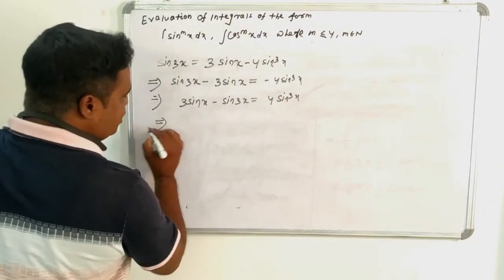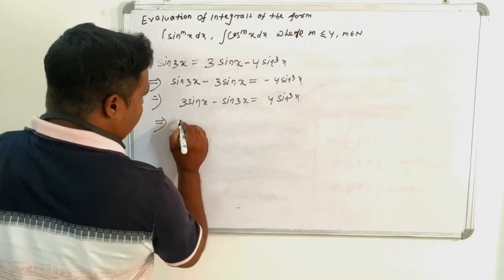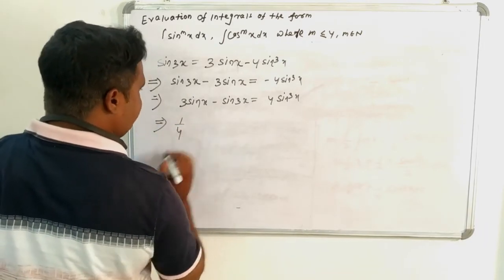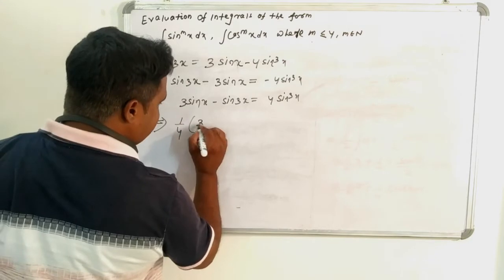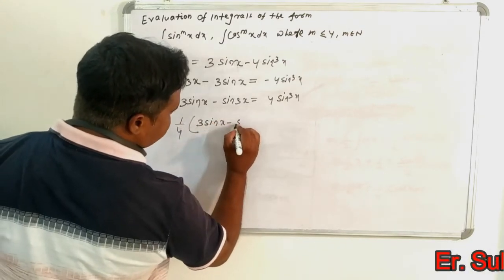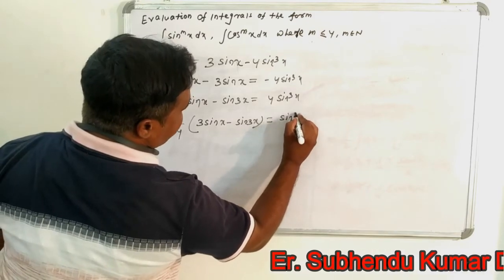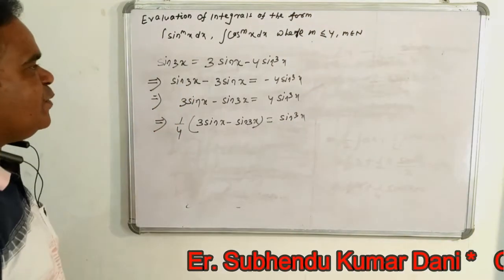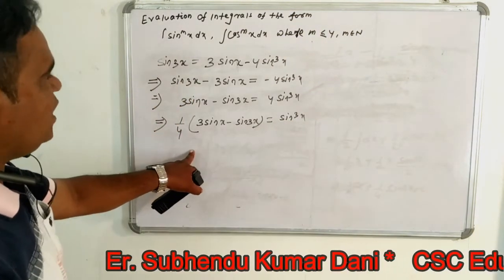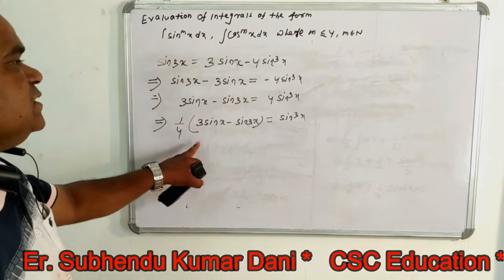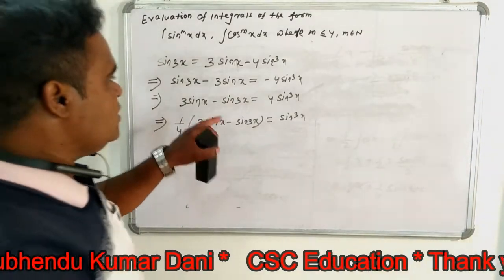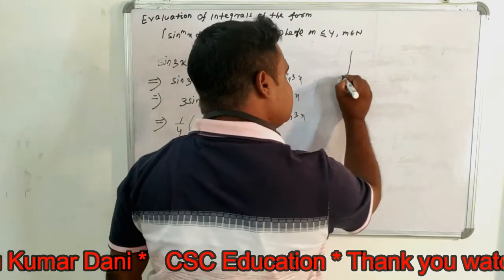So this factor equals, dividing by 4, the result is (3 sin x minus sin 3x) divided by 4 equals sin cube of x. Suppose your question is the integration of sin cube x. Put this formula, and you easily get your answer of the integration. Okay. So I discuss this question.